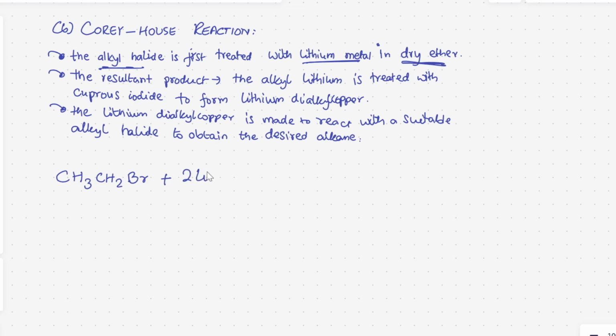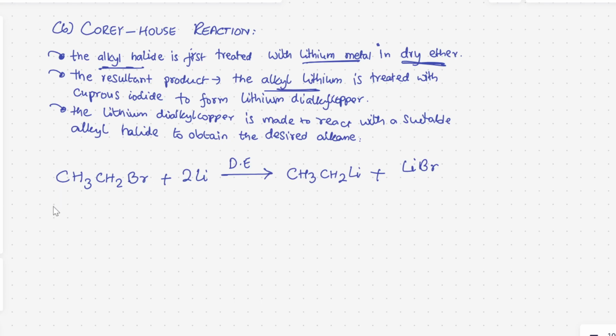So we take lithium metal in dry ether to get CH3CH2Li. That is the alkyl lithium, and the byproduct.